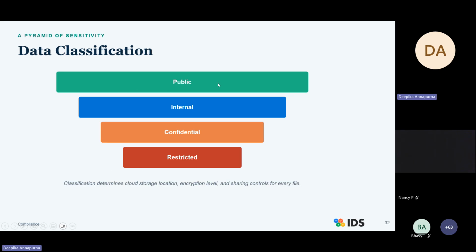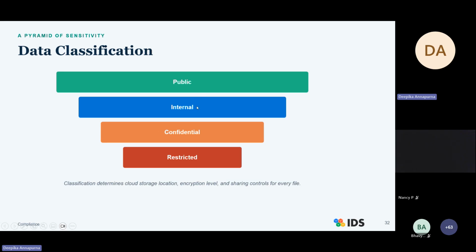The first category is public data. What do you mean by public data? The data that can be freely shared without causing any harm to the organization. Let's say public brochures, public notices, catalogs, already published research papers can be shared publicly. This comes under the public category.